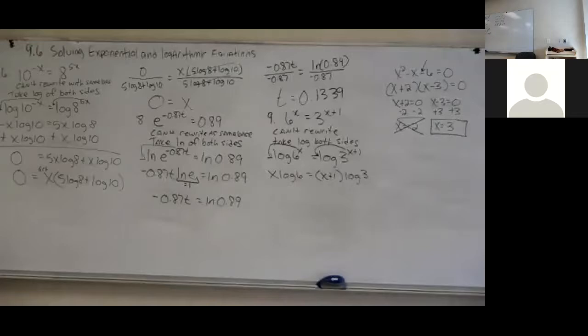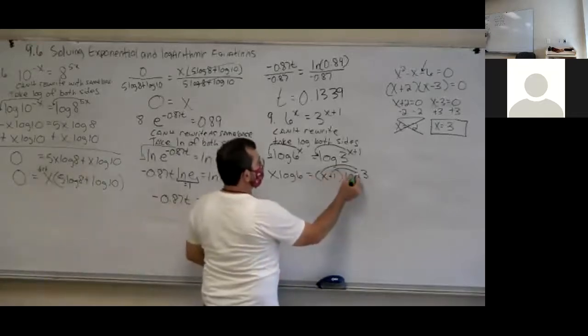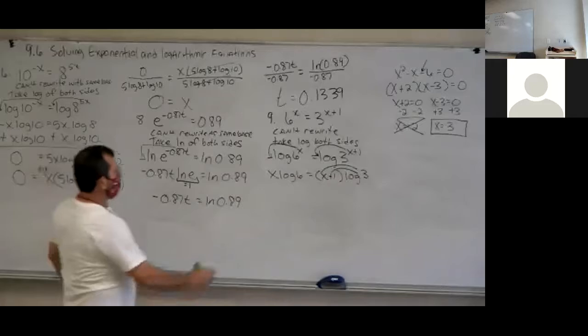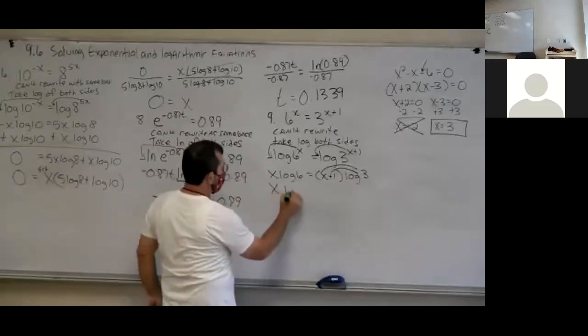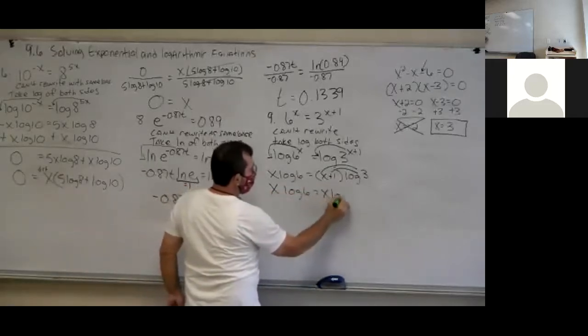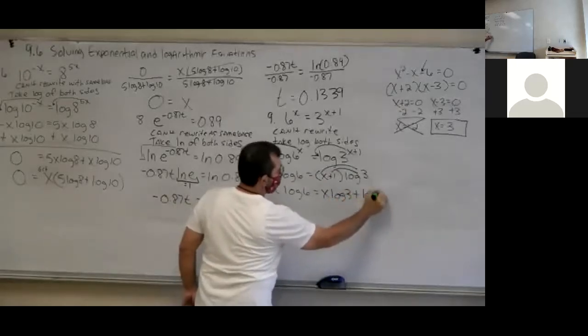So let me tell you a trick I'm going to do to this. I'm going to rewrite these by distributing my log to both of those, okay? So I'm going to get x log 6 equals x log 3 plus log 3.